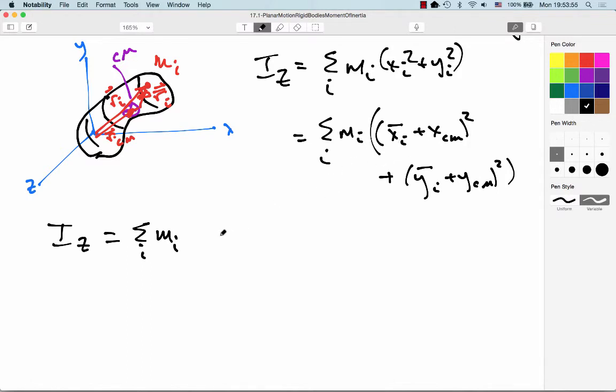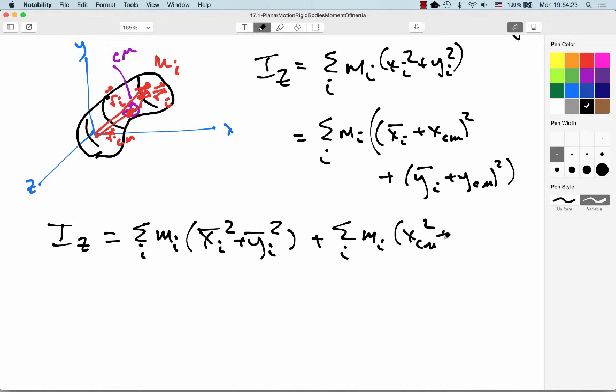The first bit gives me an xi bar squared, and the next gives me a yi bar squared. Similarly, when I FOIL these, I will get an xcm squared and a ycm squared, so sum over i, mi, xcm squared plus ycm squared.